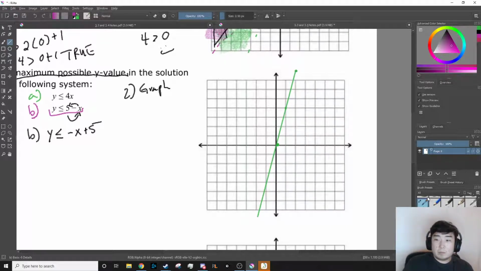And a purple one. Negative x plus 5, so go 1, 2, 3, 4, 5 for my intercept, and then I'm going to draw a negative 1 slope that looks kind of like this. And now I'm just going to fill in a line. Like so. Perfect.